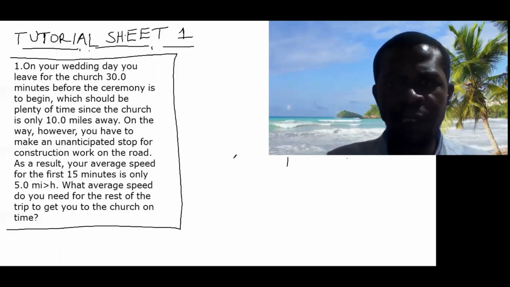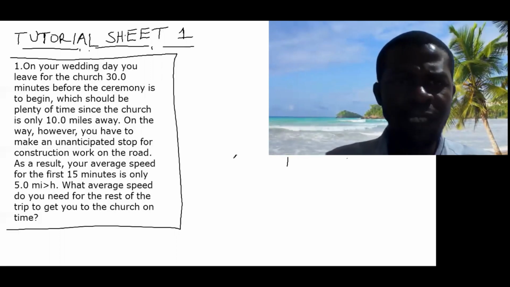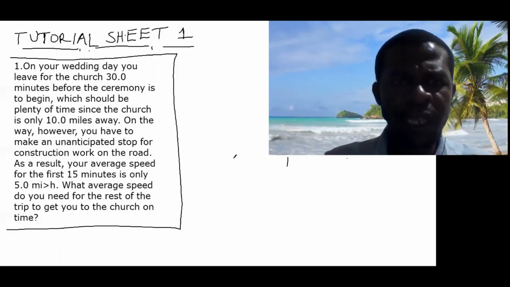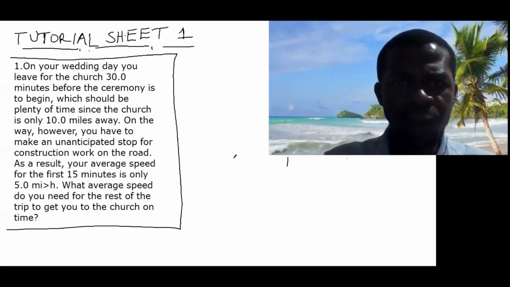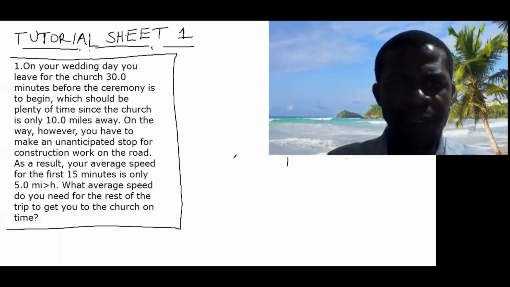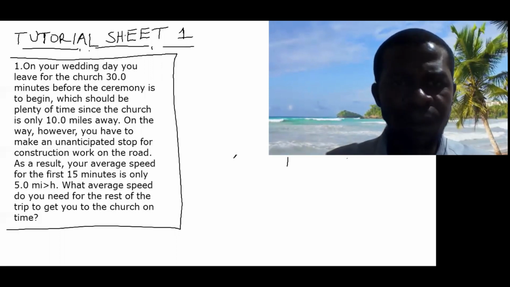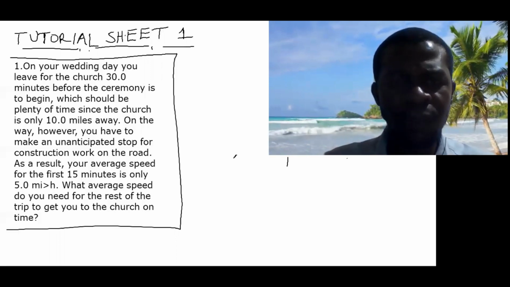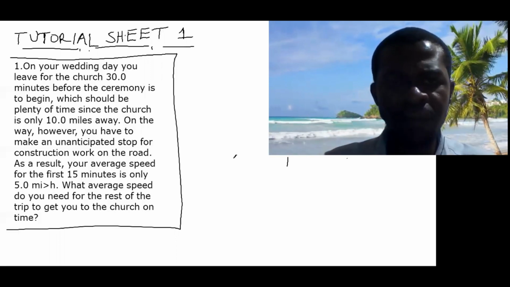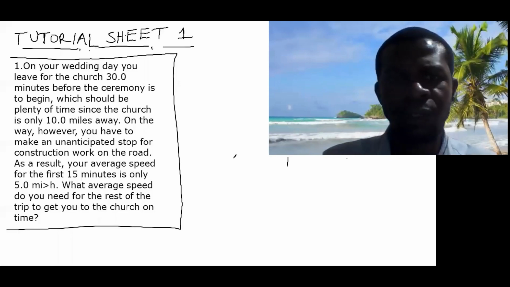In physics, when you are faced with a problem, the first thing you do is make sure that you work out all the physics and solve all the equations, and at the very end, that's when you substitute the values. That's what I want to demonstrate in this online tutorial.